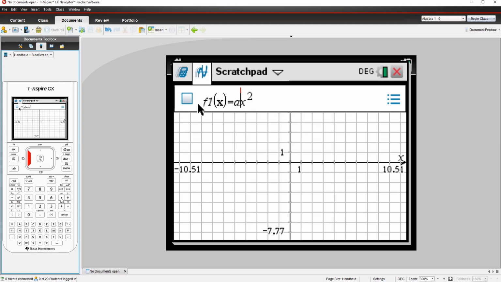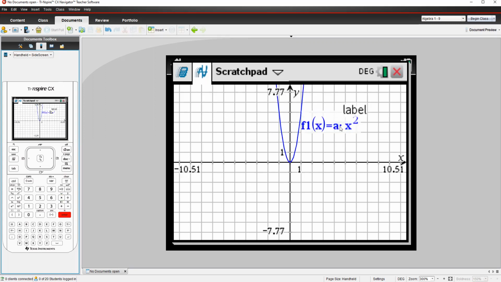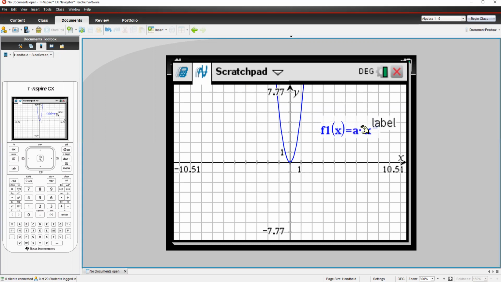This is a times x squared. Now notice, when I did that, the a became bolded. And what that means is that that particular letter is not a variable anymore because I've stored a number in it. And if you press enter, that's what the graph looks like. That's what, when you plug 5 into A, this is what the graph looks like.